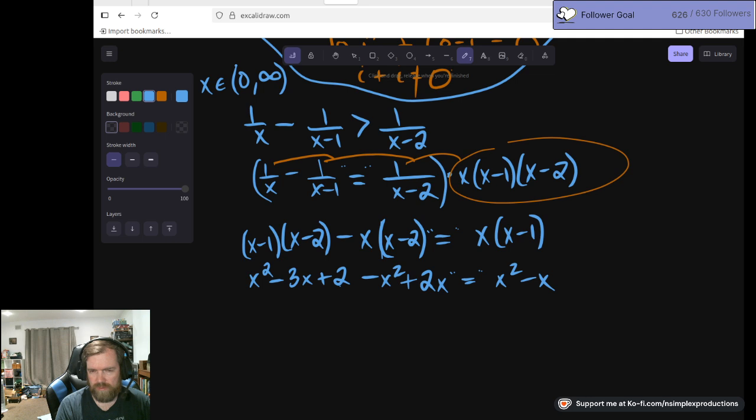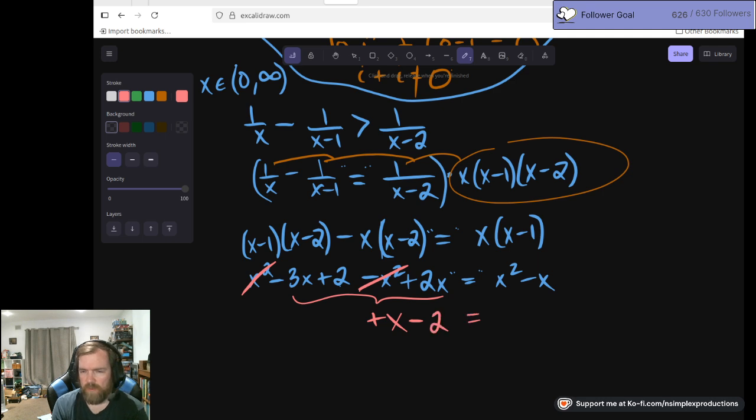Let's see. This is going to subtract out our x squared here already. And then I would like to take this entire side and add x to it, because negative 3x plus 2x is negative 1x, and plus 2, so we subtract 2 from both sides.